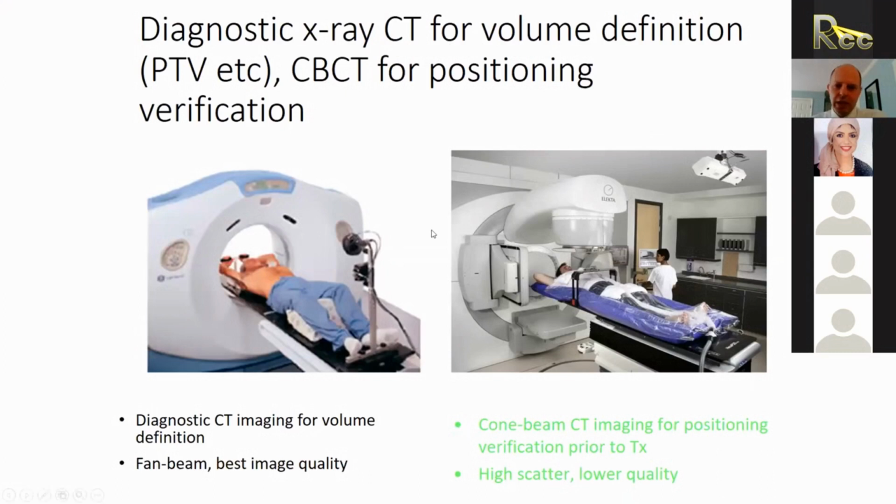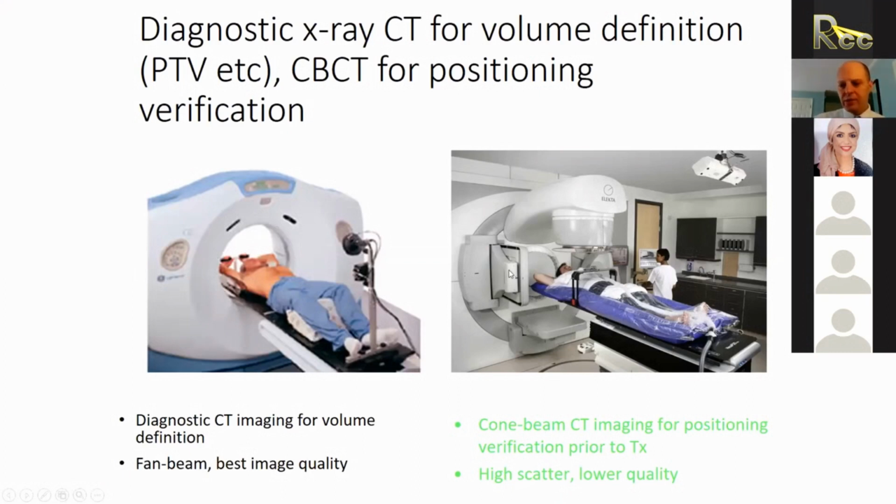So again, this is just an example of the diagnostic X-ray CT at simulation on the left, and then at treatment on the right. You can see you have a different setup for how those are taken. The simulation CT is typically going to be a fan beam, conventional CT. On the right, it's a cone beam image, and you use a flat panel to acquire that image.